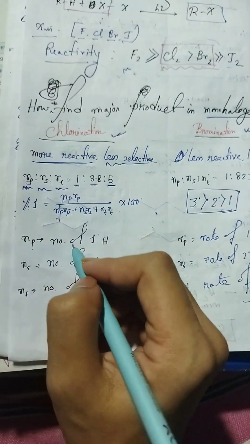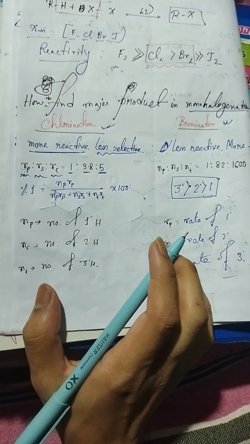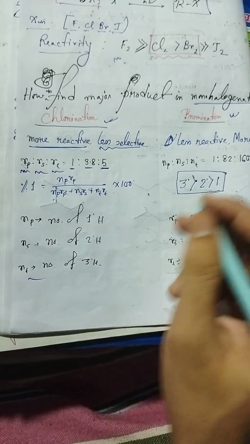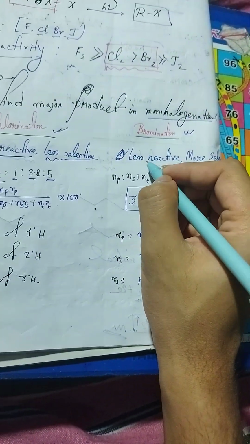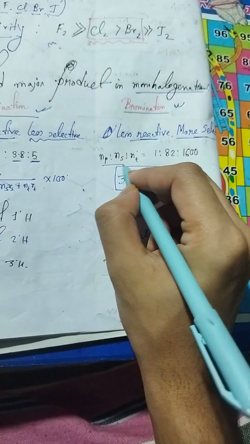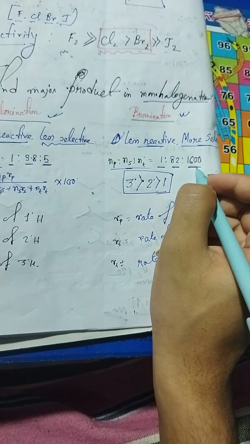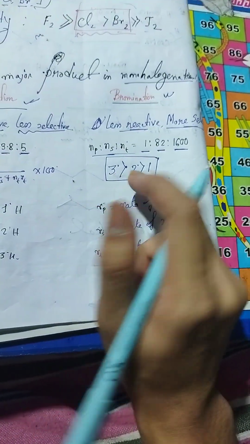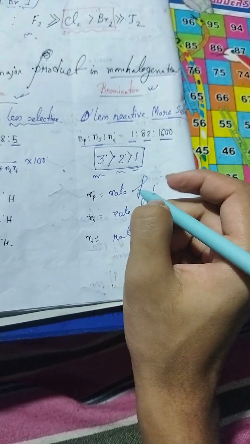Here NP is your number of primary hydrogens, NS equal to number of secondary hydrogens, and tertiary NT. For bromination, this is the most selective and less reactive. The ratio is 1:82:1600. In this reaction, always 3 degree is greater than 2 degree and then 1 degree.